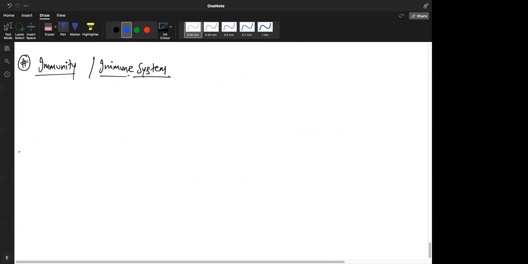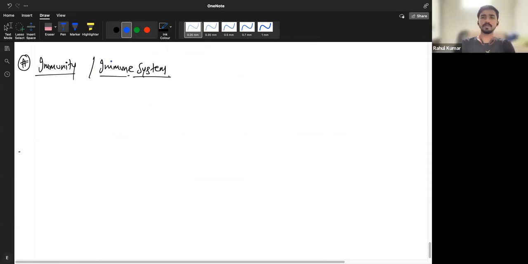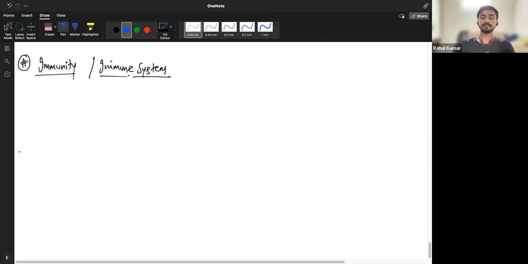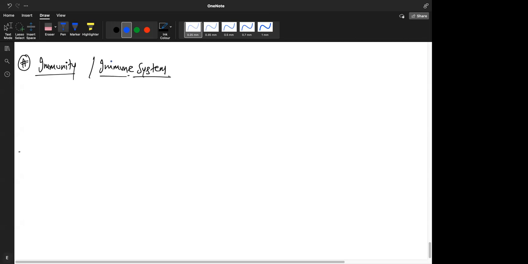Sir, it is the ability of the body to protect itself from foreign pathogens or anything that can attack the body. But then why does it not protect? We have just studied all those diseases that happen. Where is your immunity for COVID? Sir, there are two types of it.